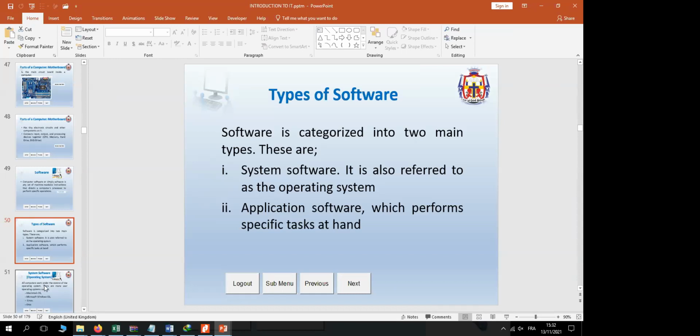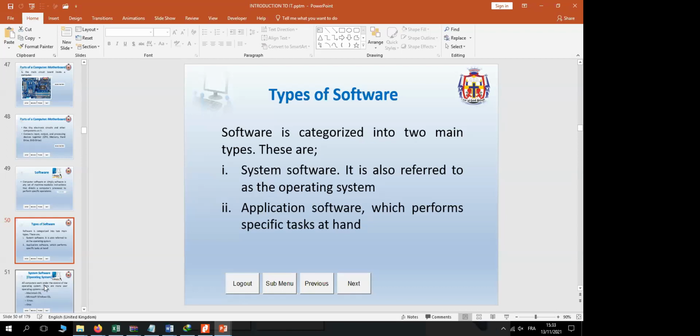Now, under software, we have two main types of software, much as there are others, okay? We have what we call system software, or call it the platform, and then application software.